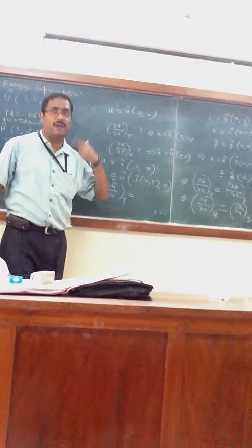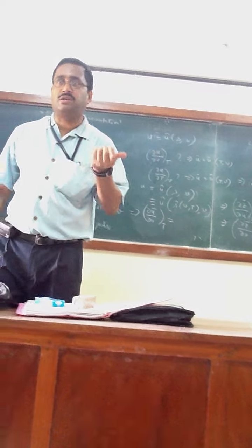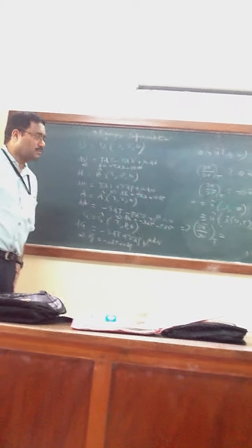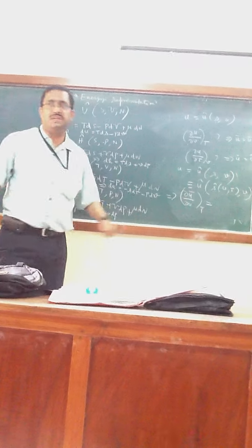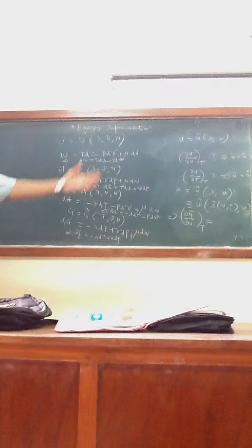If you forget, always try to represent in terms of du, and from there you can proceed. That is better, that's the way I remember. ∂u/∂v at fixed t. Anybody can volunteer? The same thing what we have done there.